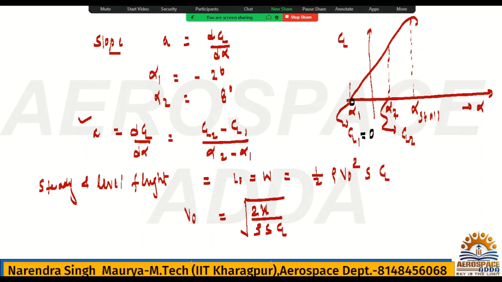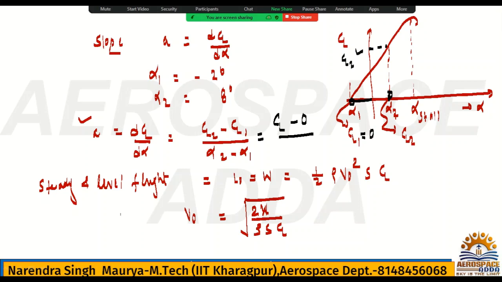This is the x-axis, and at the x-axis y is 0, and y is CL, so CL1 will be 0. At alpha 2 you may get some CL value, which will be CL2. So in this formula, CL2 minus CL1 is just CL minus 0. Hope you understood why it is 0.